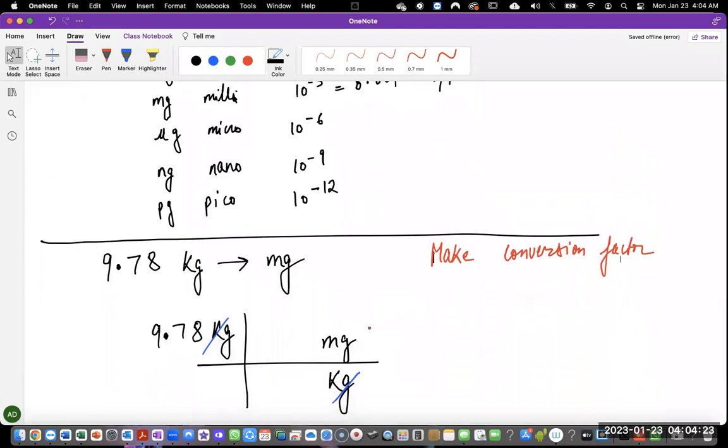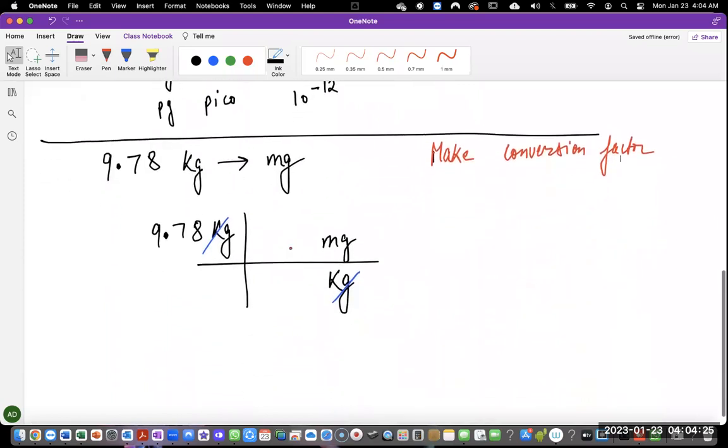So what I'm trying to say is, if you just put 10 to the power -3 in front of milligrams and 10 to the power 3 in front of kilograms, you will not get the right answer. Okay, so what we want, guys, is to figure out how to actually synthesize or make a conversion factor out of the table given. So guys, milligrams we know is 10 to the power -3, and kilograms is 10 to the power +3.